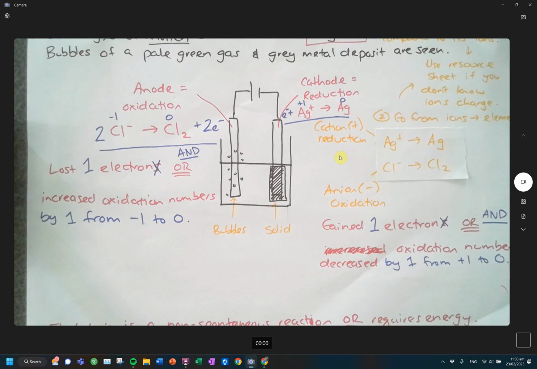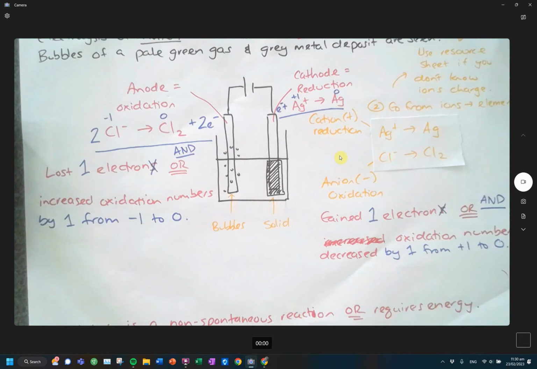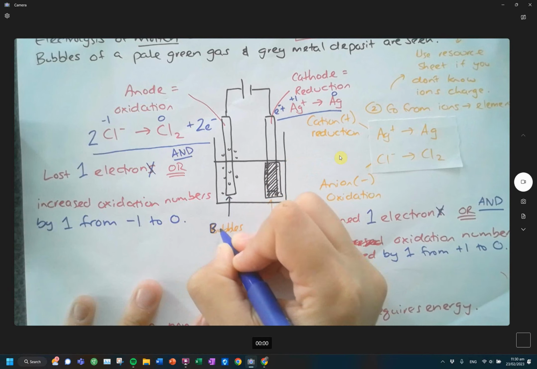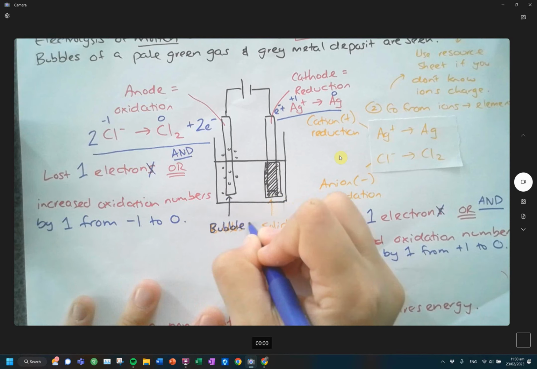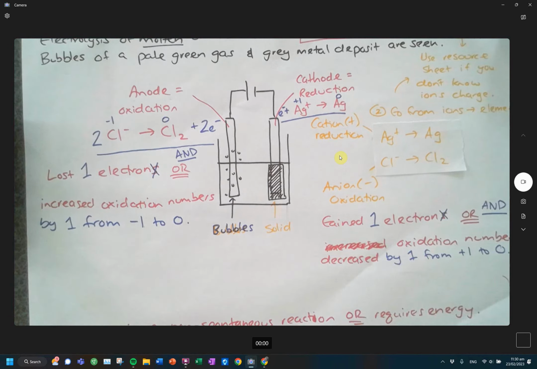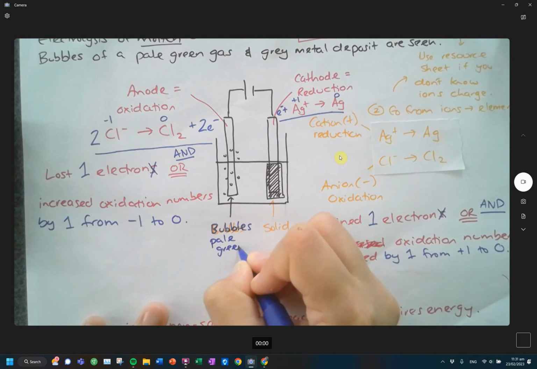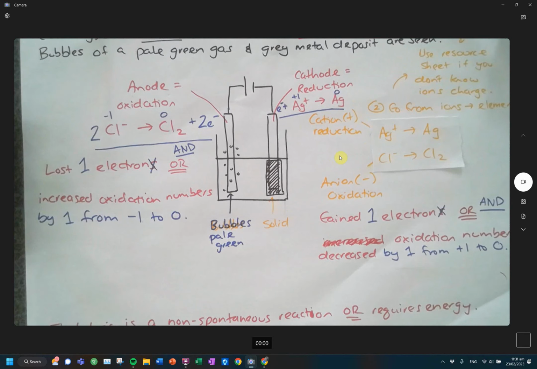Last thing for the merit is you need to identify what is going on observation-wise. So it says there's a pale green gas. We need to figure out what that pale green gas is. So now, instead of just having that as something we're using for processing, we need to say what it is. So there are bubbles, and these are pale green. I'm looking at my products, and I'm thinking, what product do I have that is resulting in that pale green?